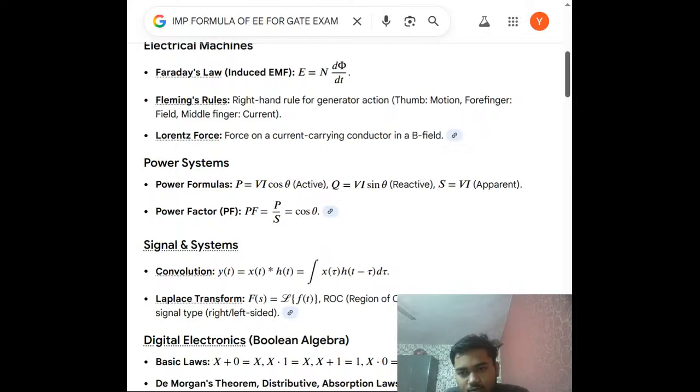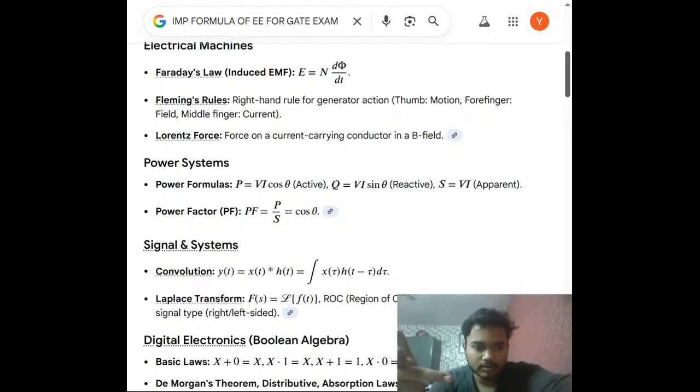Fleming's right hand rule, for the generator action. Thumb equals motion. This is the thumb, which tells the force. These fingers are all 90 degrees apart. This makes 90 degrees and this makes 90 degrees. For example, this is F, force.